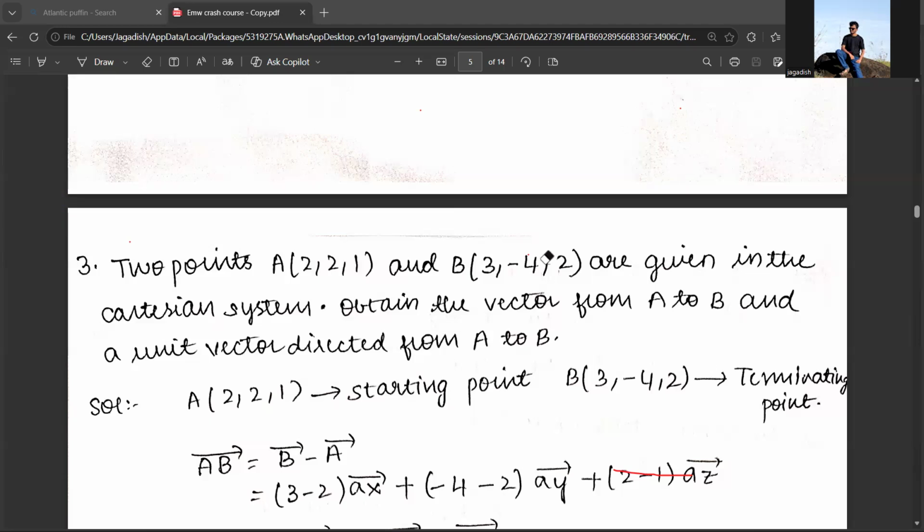Next, an easier concept is the cylindrical coordinate system. I will share the passing package soon. Because if I share the passing package now, you will just focus on passing marks only. So first understand the concept.